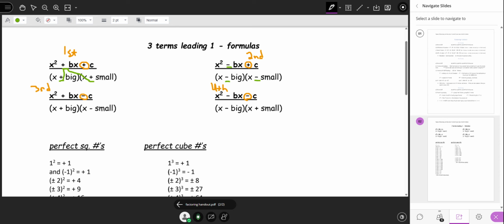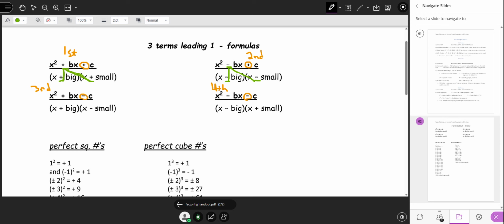Okay? So if your middle is minus, both signs in your factored form are minus. If the constant is positive and your middle sign is plus, then your factored form is both plus.